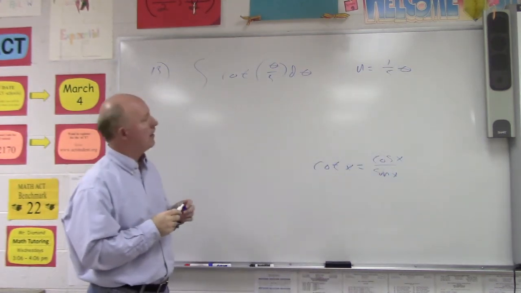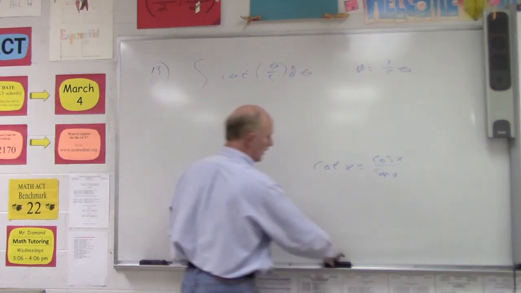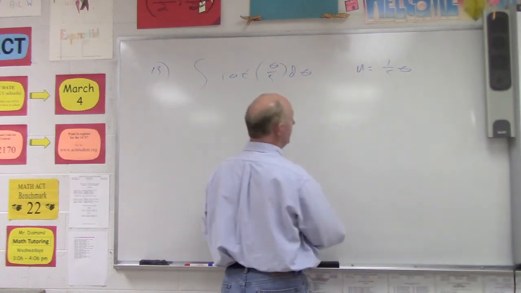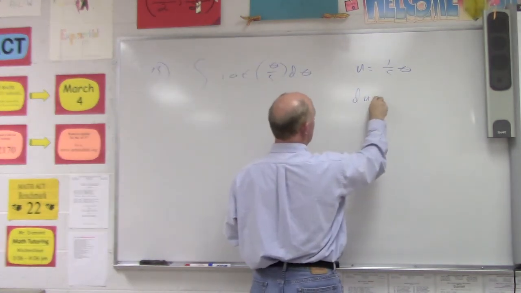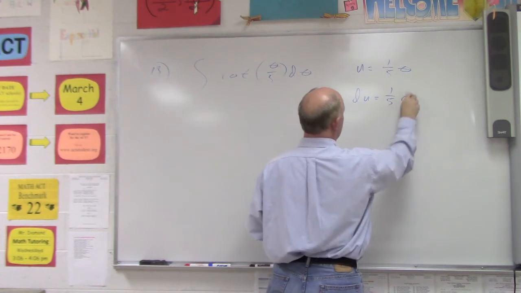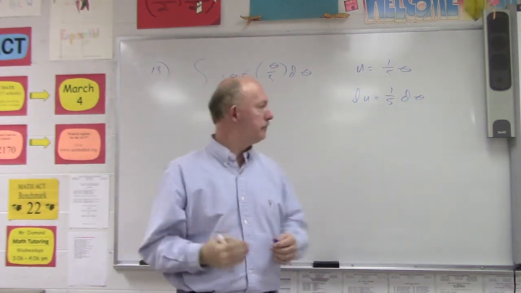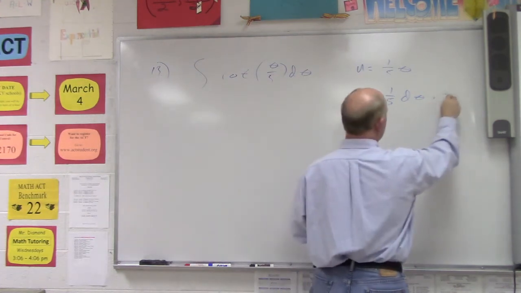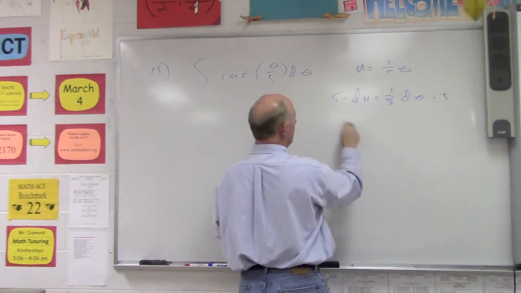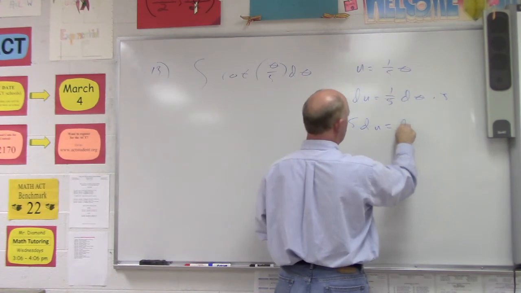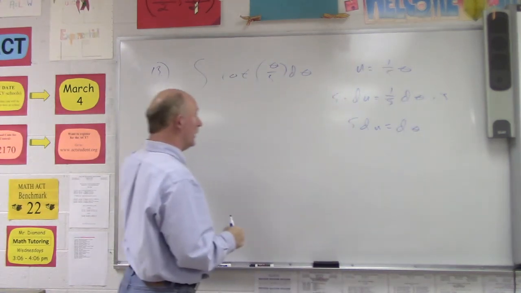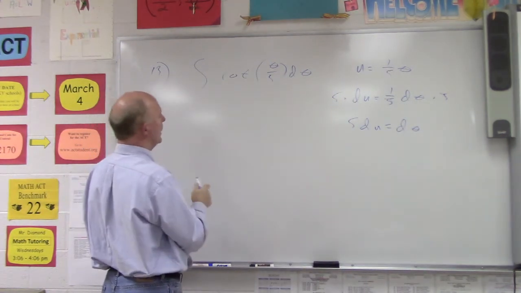So du equals 1/5 d theta, because the derivative of 1/5 theta is just 1/5. Now multiply both sides by 5. So 5 du equals d theta.